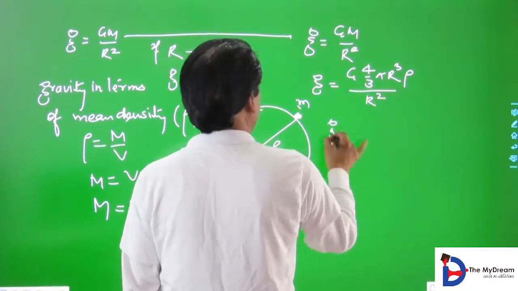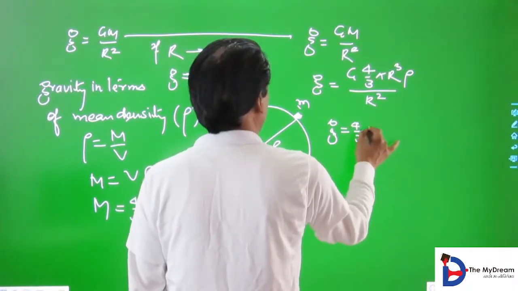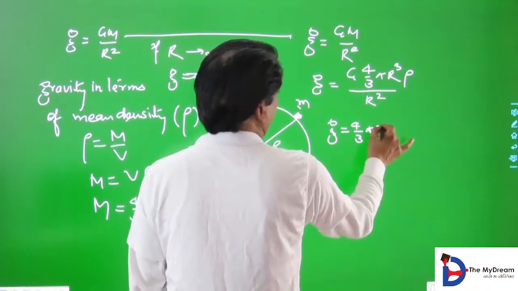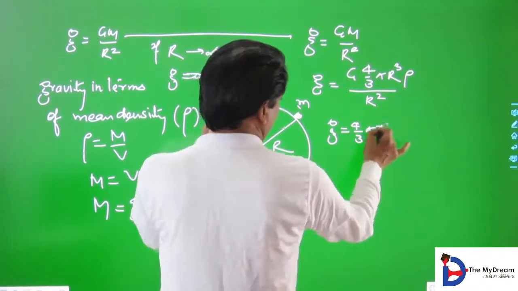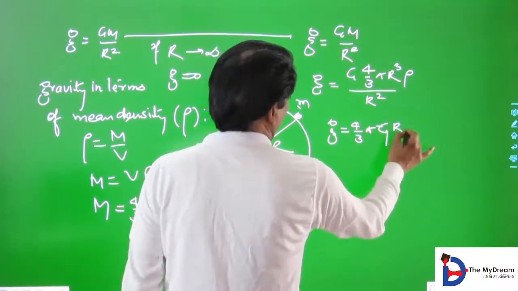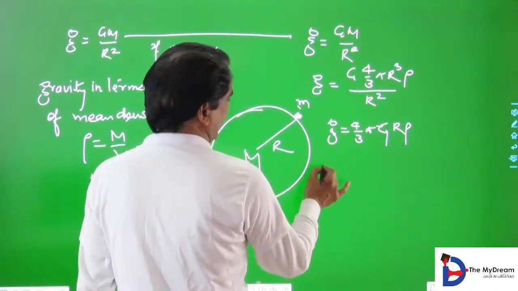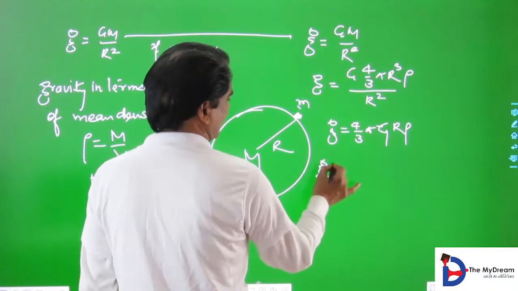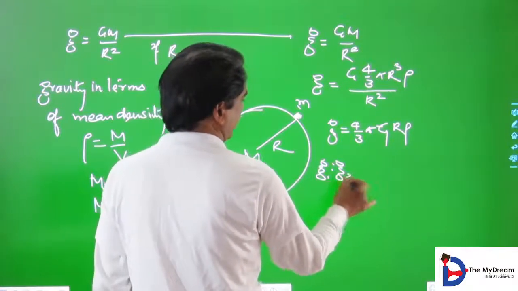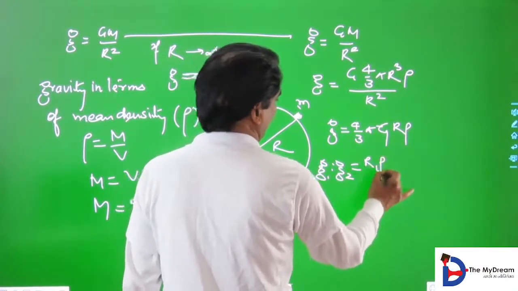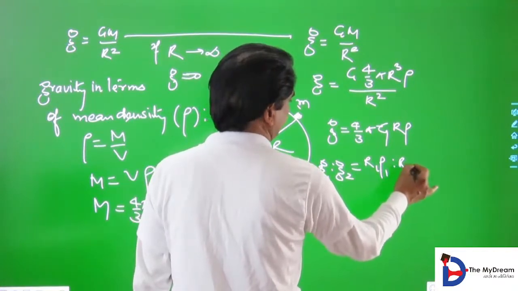Then you will get g is equal to 4 by 3 pi G r rho. For the comparison point of view, G1 is to G2, R1 rho 1, R2 rho 2.